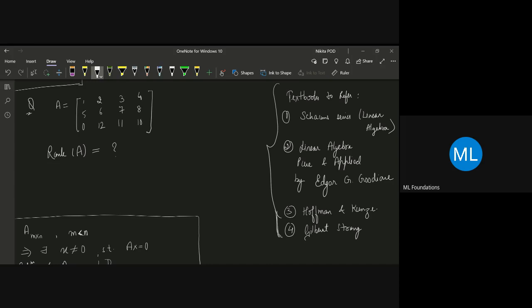So what is the rank you got? 3. Yes, 3 is the right answer. Rank is 3.